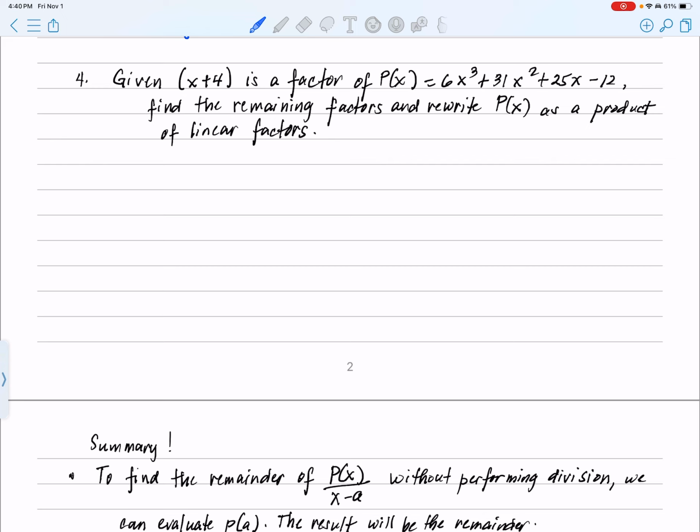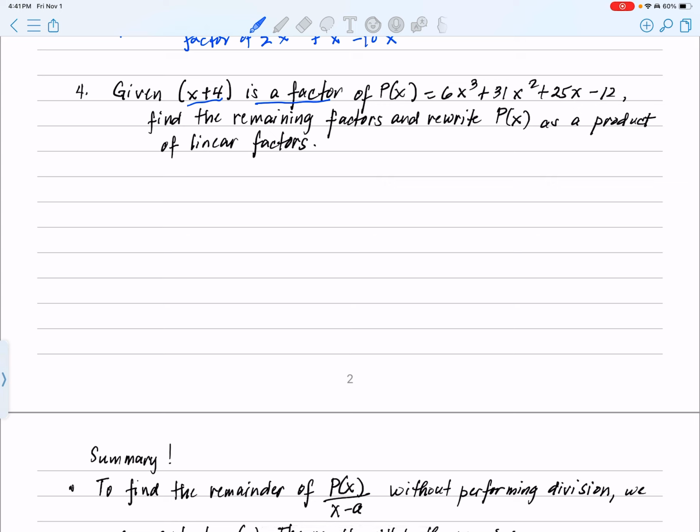Since we already know that x plus 4 is a factor of p of x, then we can divide p of x by x plus 4 and factor the resulting quadratic expression. I know we can have a quadratic because we have an x to the third power.